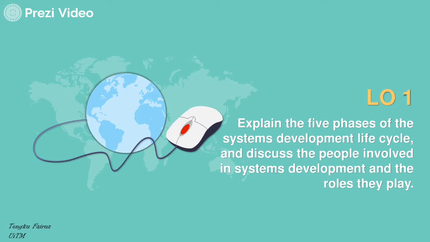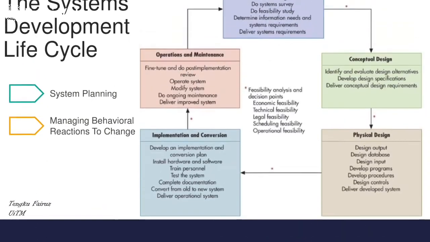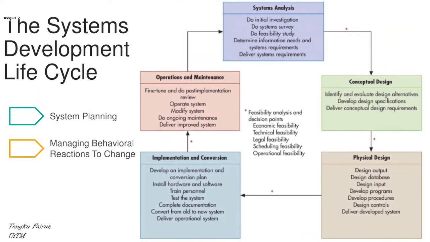Actually, whether the system changes are major or minor, most companies go through a system development life cycle, or in short form, SDLC. If you refer to figure 20.1, you can see they mention 5 steps or processes in the SDLC.